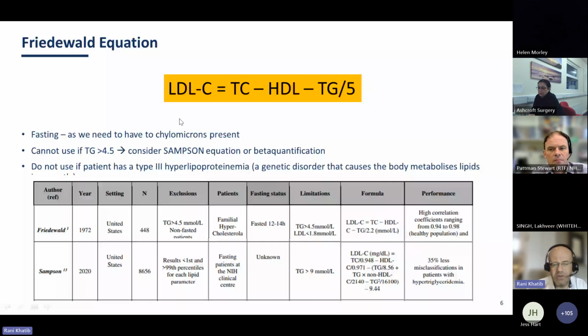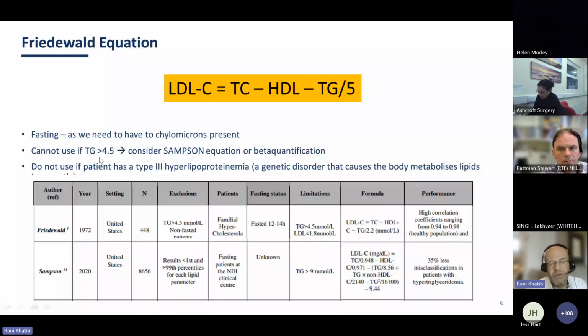So these are the main things you need to remember, and this is why we are so worried about fasting and non-fasting. To start with, you don't need a fasting sample. The fasting sample is mainly needed if you want a very accurate LDL cholesterol, and also if your triglycerides are too high and you want to make sure that one component of triglycerides, which is the chylomicrons, is excluded, because these are the ones that tend to go higher if you are not fasting.